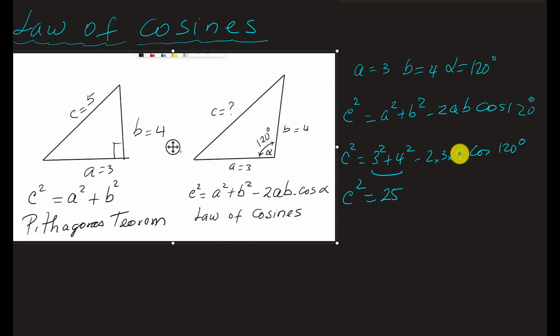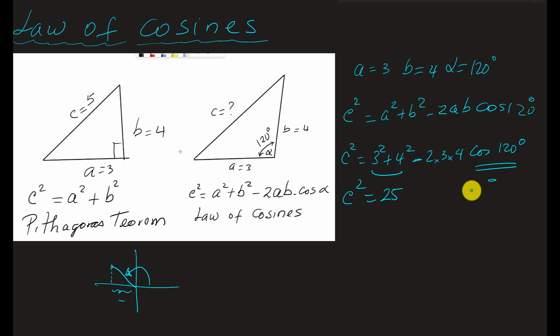In this expression, we use cosine of 120, and this 120 degree angle is in the second quadrant, and the cosine is negative. Then minus times minus is going to give plus. Then this is going to add.